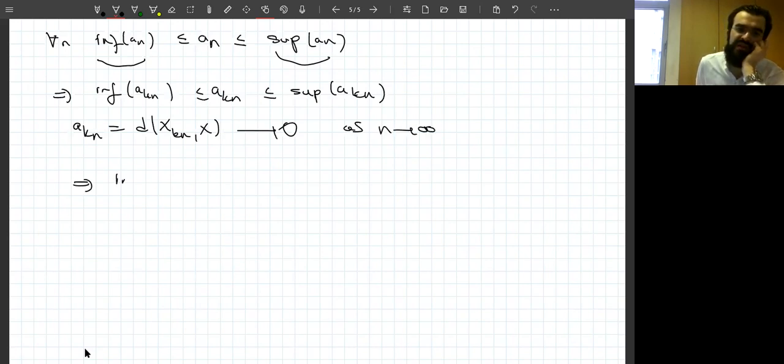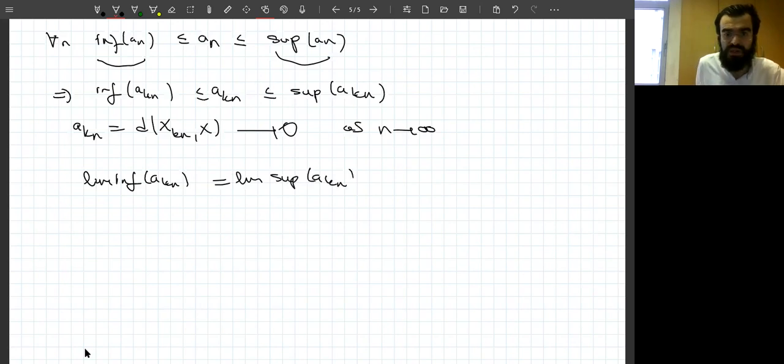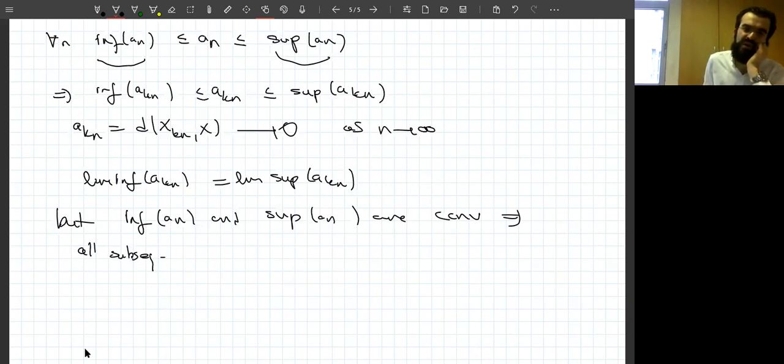If inf a_n and sup a_n are convergent, this implies all subsequences converge to the same limits respectively.